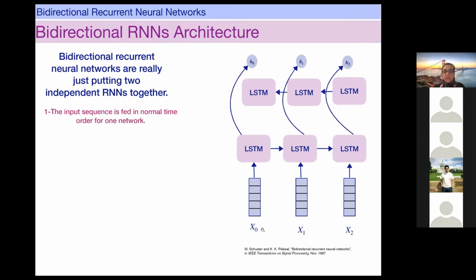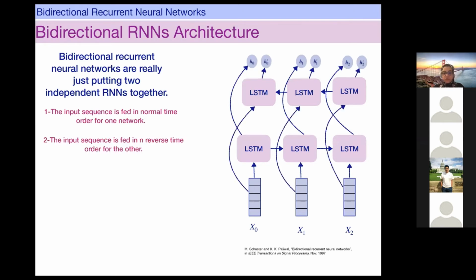We give it the inputs in sequential order: the first input, second input, third input, and so on. And then we have another LSTM, which takes the input in reversed order. So it takes the last one and the one before it and the one before it, and it also produces a hidden state. Then we concatenate these different hidden states, and these are the hidden states we actually use.